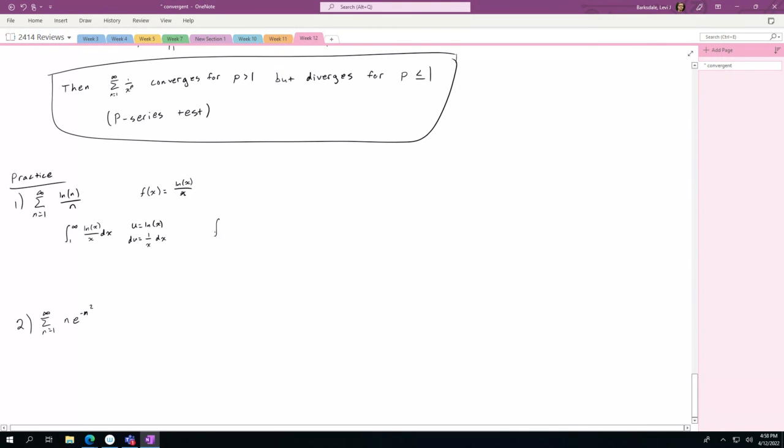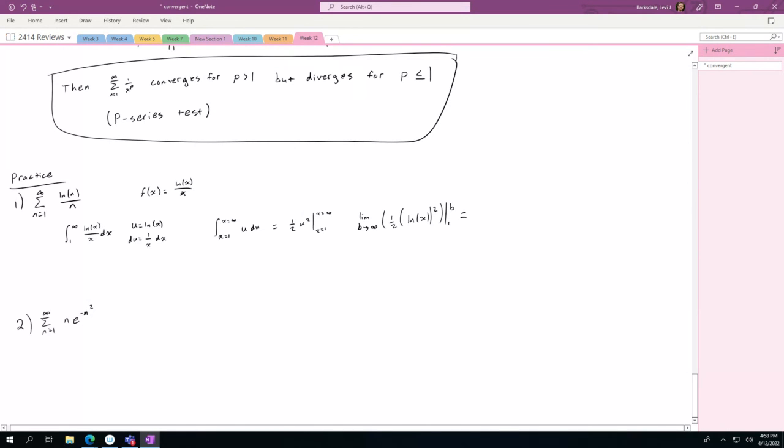Perfect, which means I now have the integral of u du, which is 1/2 u squared from x equals 1 to x equals infinity. So I'm going to rewrite this as the limit as b goes to infinity of 1/2 times the natural log of x squared from 1 to b.